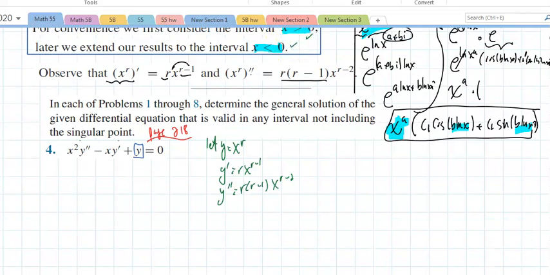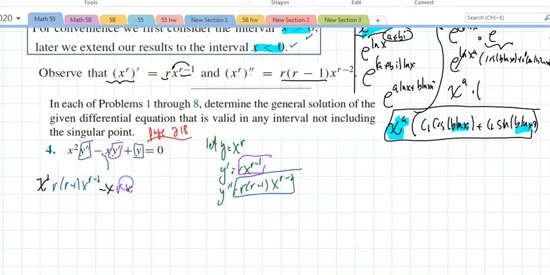Now if I substitute, I'm looking at x squared times r times r minus 1, x to the r minus 2, minus x times y prime, and, of course, the famous y.